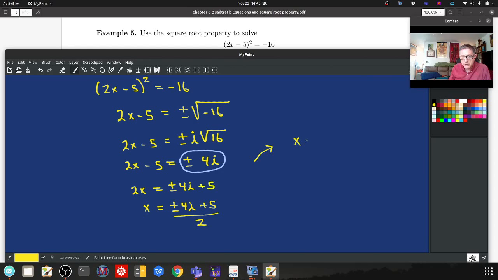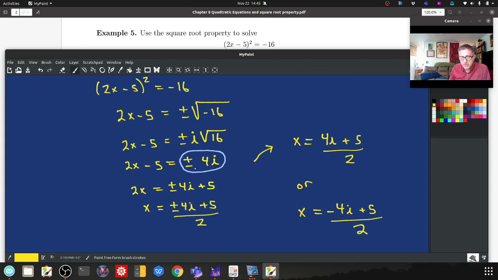So it's important you understand how this leads to two particular answers. One answer is I take the top value, the plus. It's 4i plus 5 divided by 2. Or now I take the bottom of the signs. x is equal to minus 4i plus 5 over 2.